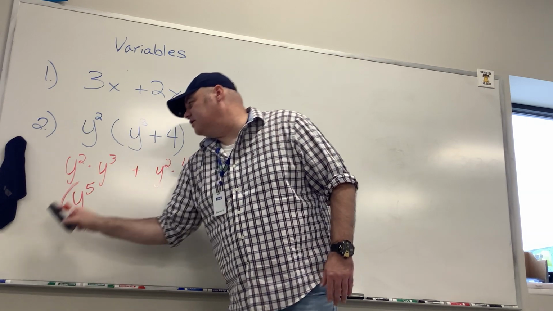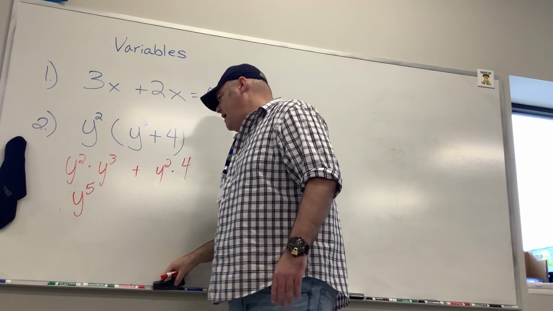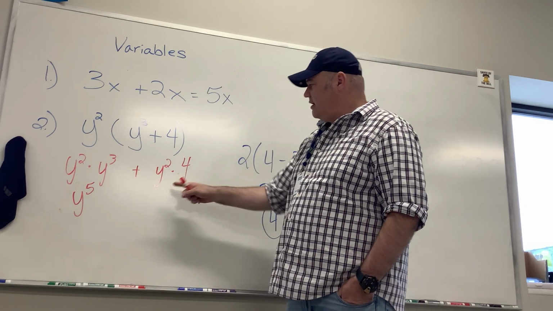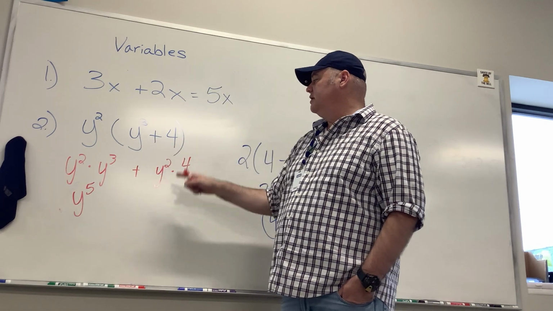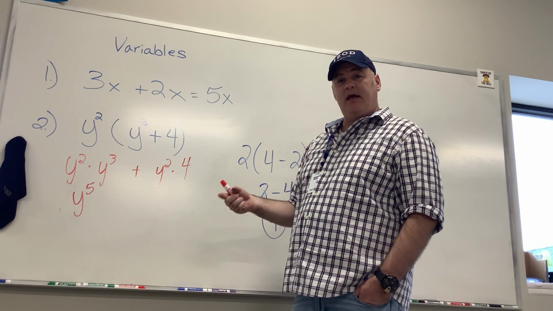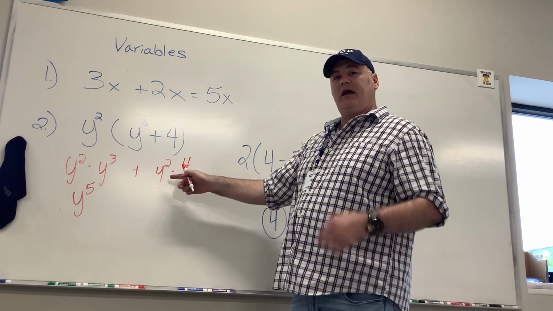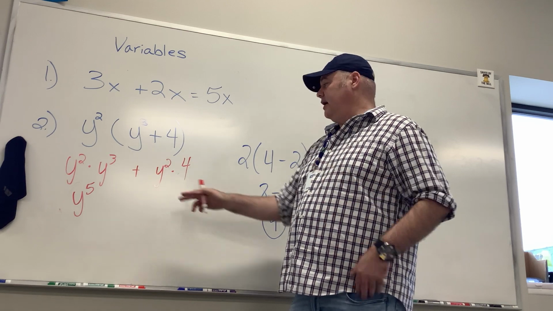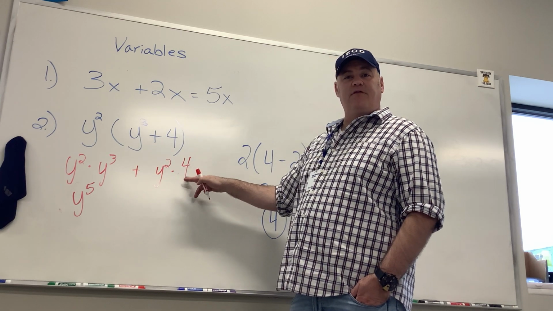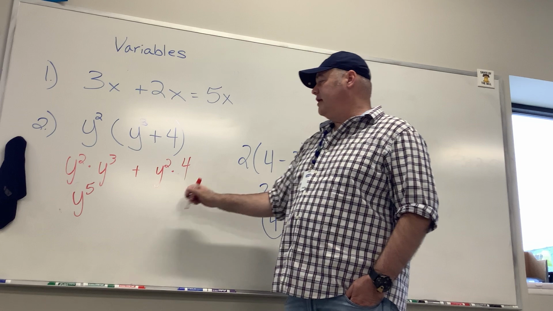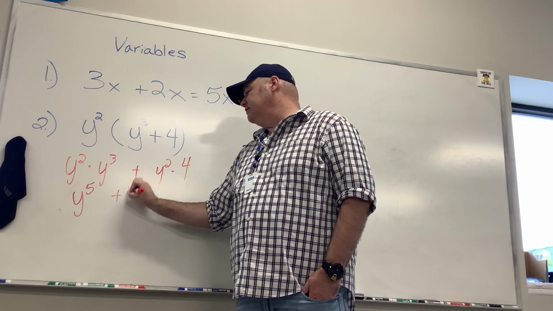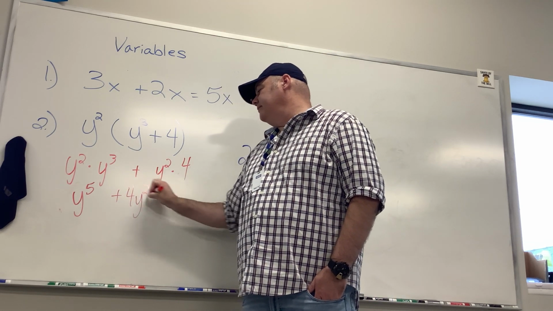Actually, I started to circle it, but we're not done. This is not an addition, it's a multiplication, which you can simplify. If you've got a y squared, and you've got 4 of them, you're multiplying them times 4, that means you have a +4y squared.